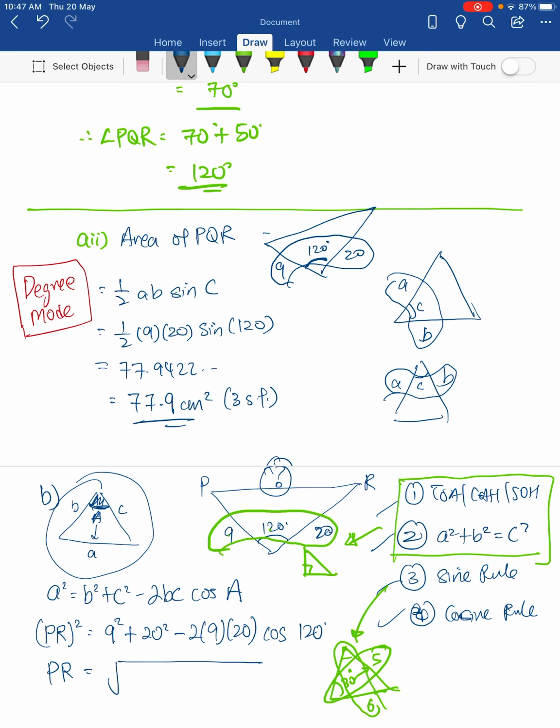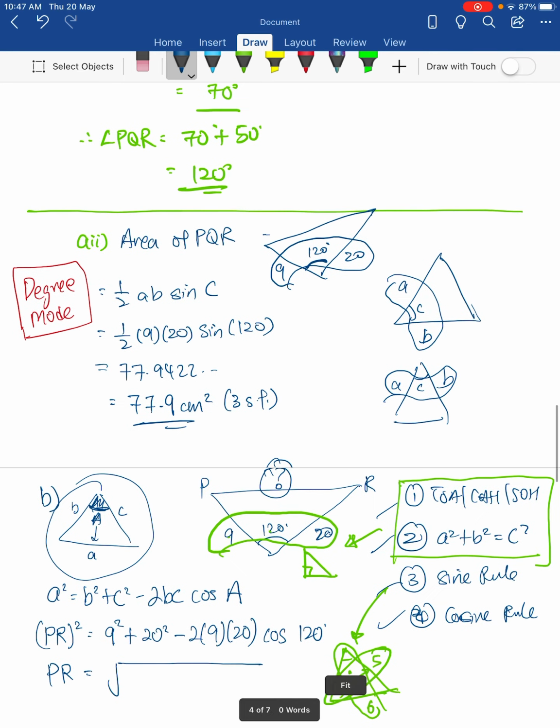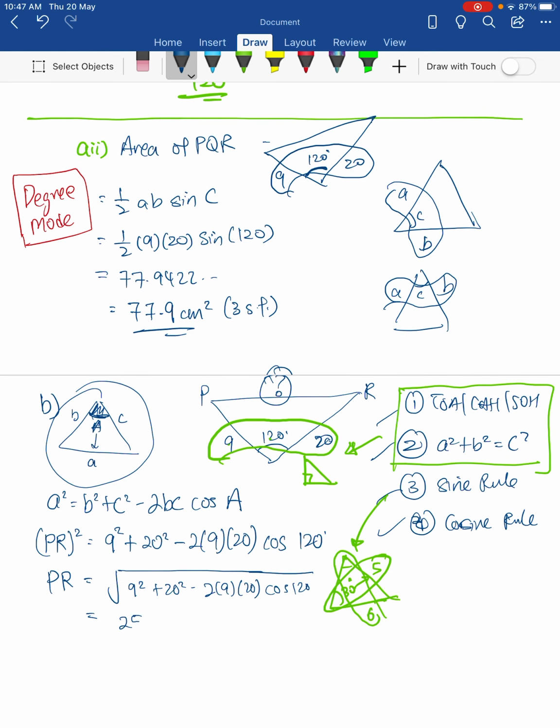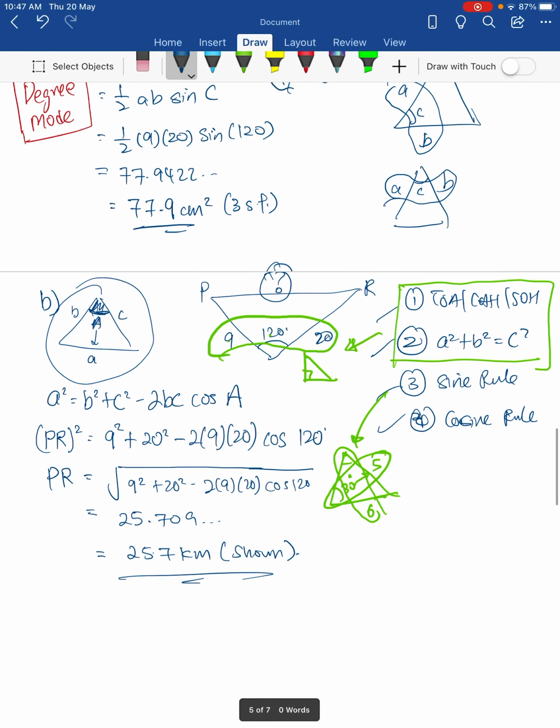So basically we just square root this whole thing. We can just plug everything inside: 20 square minus 2, 9 and cosine 120, and the answer will give us 25.709... equals to 25.7 kilometers. And this is supposed to be in three significant figures. Okay, so that's for part B.